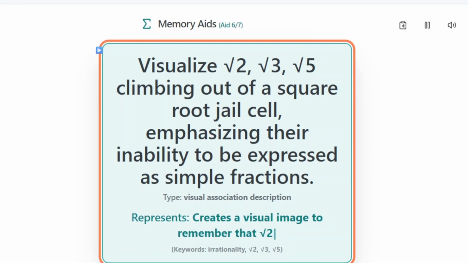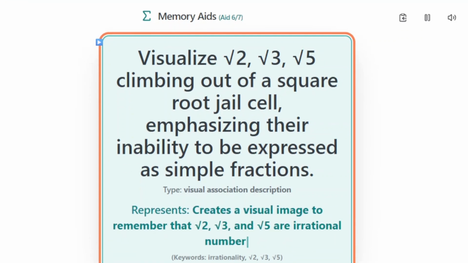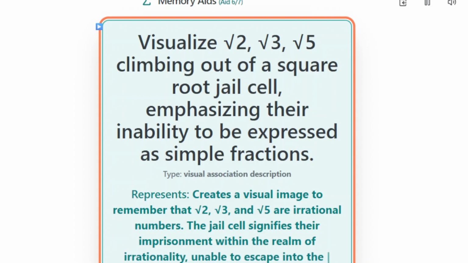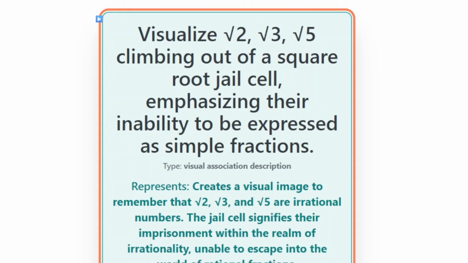This creates a visual image to remember that square root 2, square root 3, and square root 5 are irrational numbers. The jail cell signifies their imprisonment within the realm of irrationality, unable to escape into the world of rational fractions.